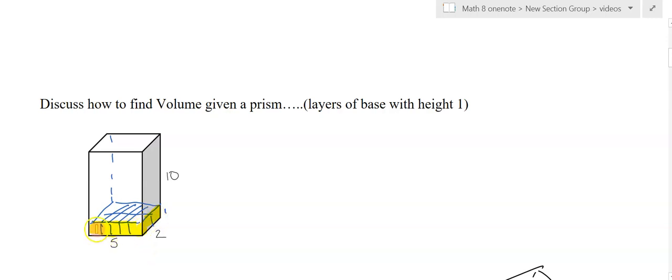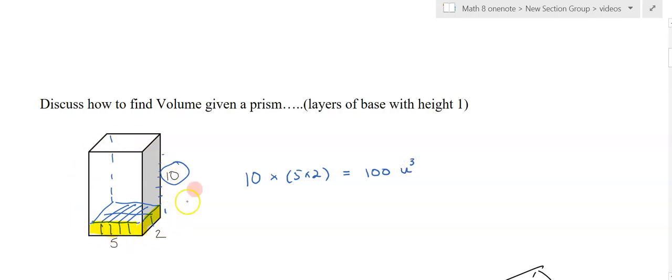So since I have 10 cubes creating the first layer, and in this question I have 10 layers, I can say I have 10 layers of 10 cubes, which gives me 10 times 10, which is 100. And since there are no units, I could say cubic units, whatever those units are.